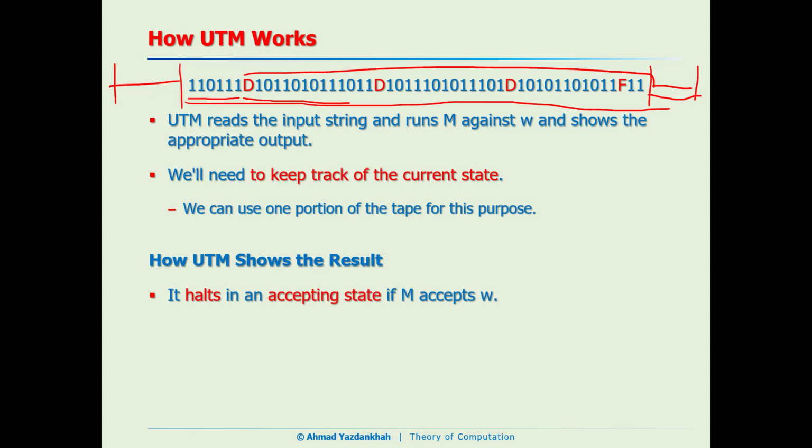The last question here is how UTM shows the result. So it halts in an accepting state if M accepts W. All right.